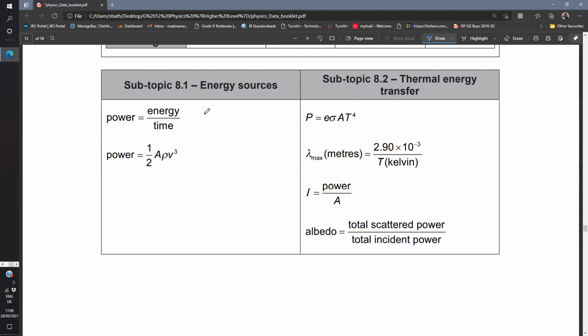So the first thing we have is the specific energy. Specific energy is equal to Q over m, and the energy density is equal to Q over V. So we need to know these formulas by heart, or you can just make a mnemonic.